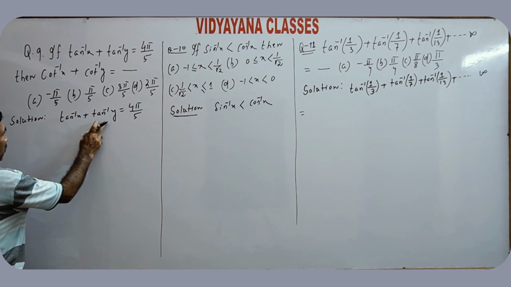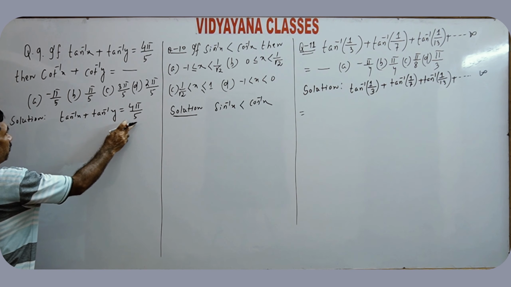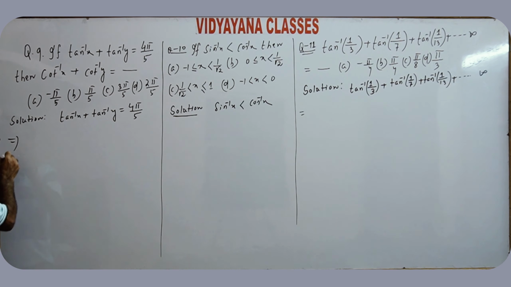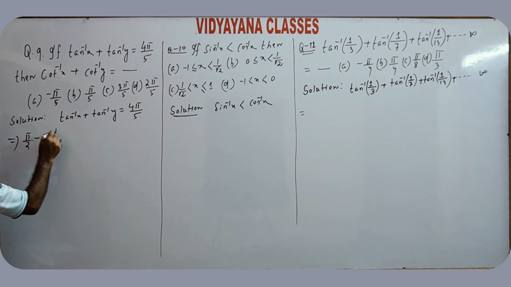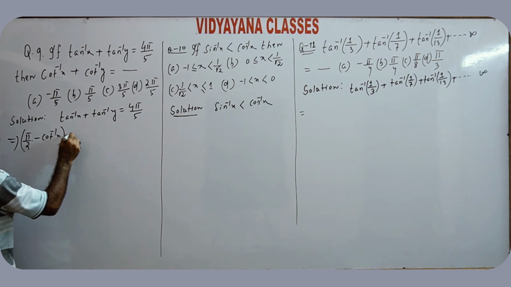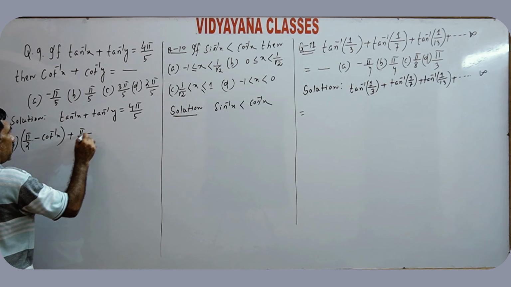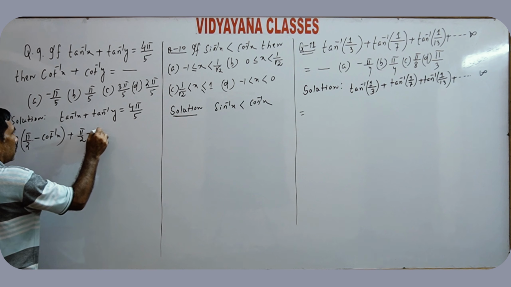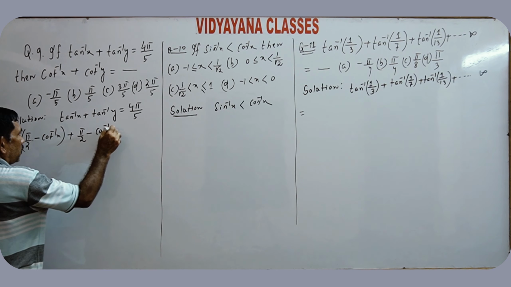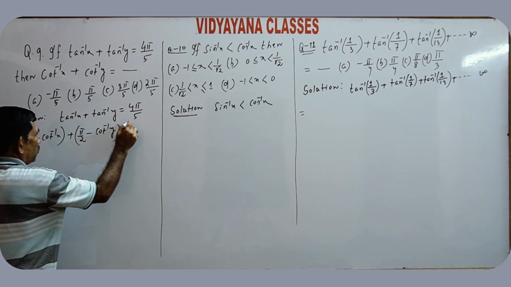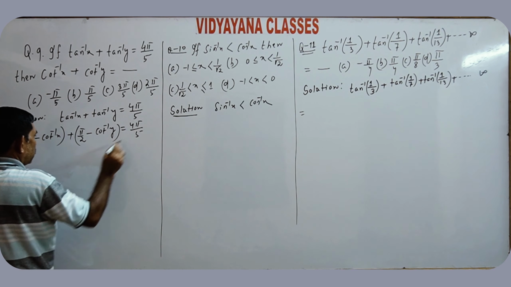Tan inverse x plus tan inverse y is equal to 4 pi by 5. This implies pi by 2 minus cot inverse x plus pi by 2 minus cot inverse y is equal to 4 pi by 5.